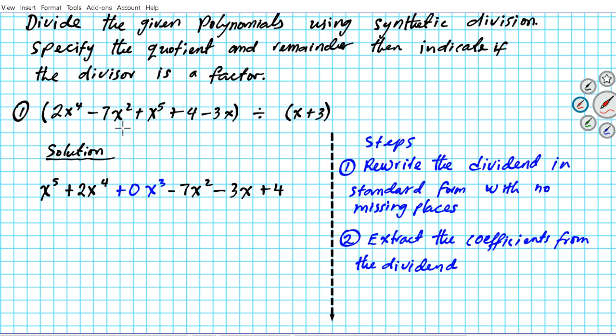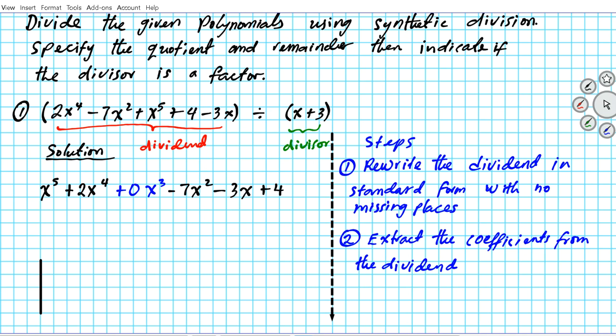This right here is the dividend, what you're dividing, and what you're dividing by is known as your divisor. We rewrote the dividend in standard form with no missing places. We're now going to extract the coefficients, and those are what we're going to place in the synthetic division bar.